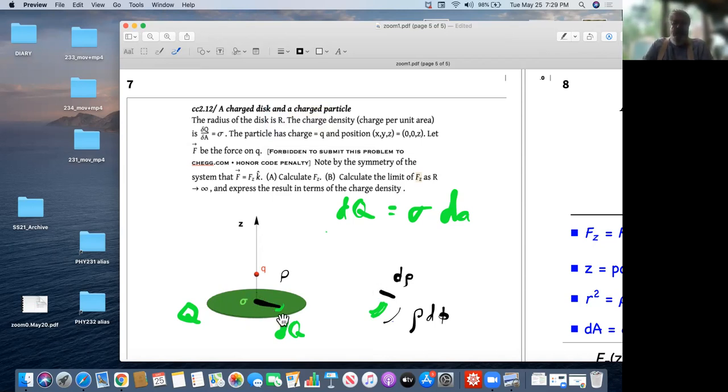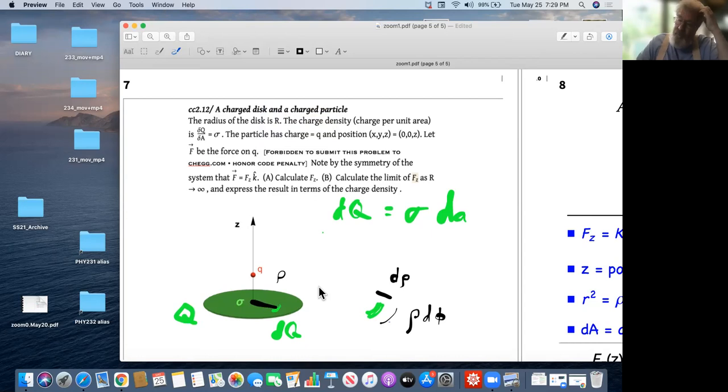And the other dimension is rho d phi, where d phi is the angle in radians. That's a definition of radians: if you take a radian measure times the distance from the center, that'll be the arc length.